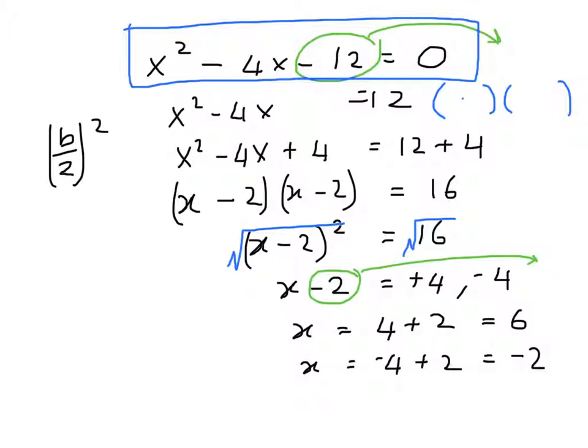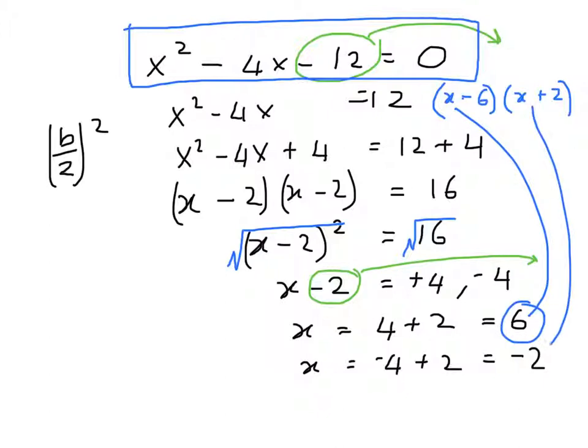And so if I had an x minus 6 and an x plus 2 up here, when I factorise that, that would have given me x equals 6 or x equals negative 2 without all that working.